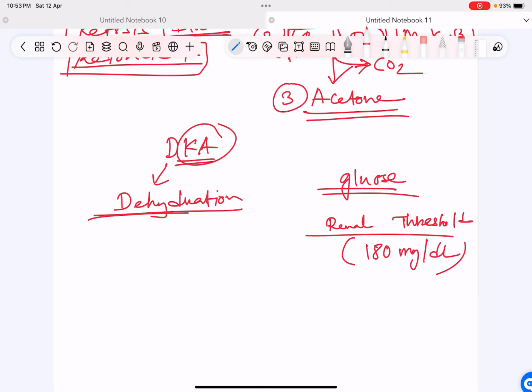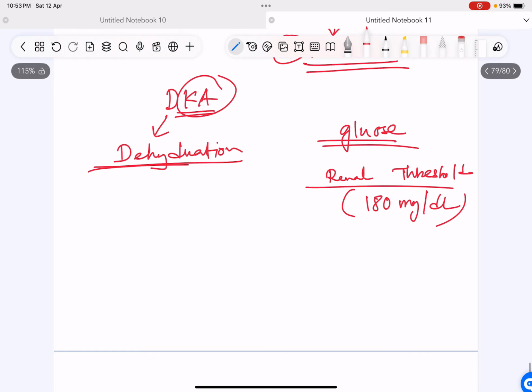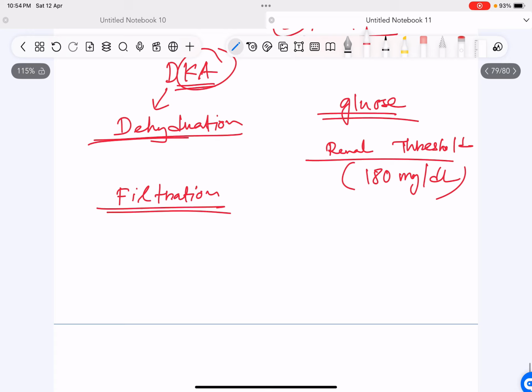So how is glucose excreted? Glucose is freely filtered at the glomerulus, so everything comes into the proximal convoluted tubule.